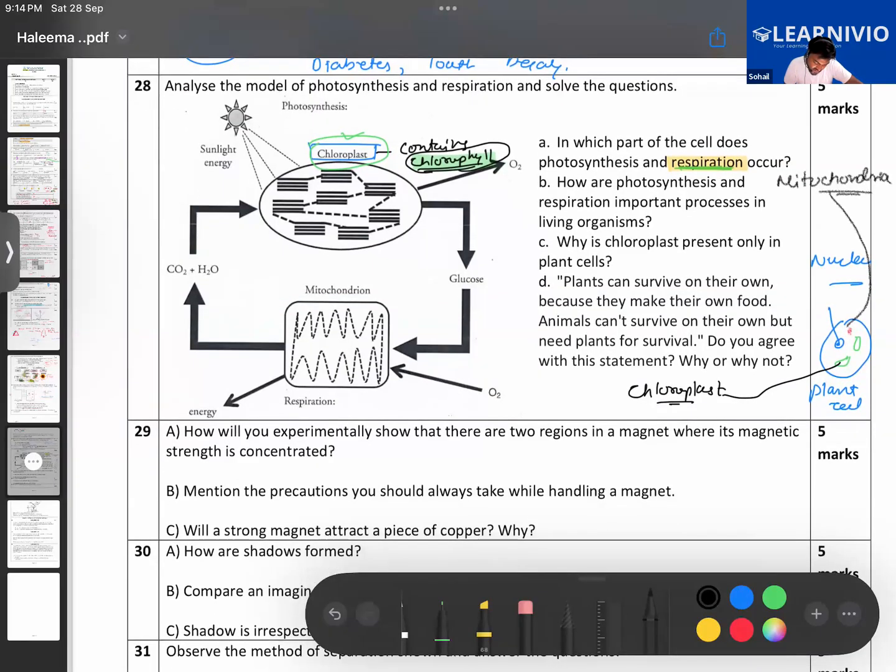Next question is, how are photosynthesis and respiration important processes in living organisms? What do you think? In plants, photosynthesis occurs in the morning and respiration occurs at night.